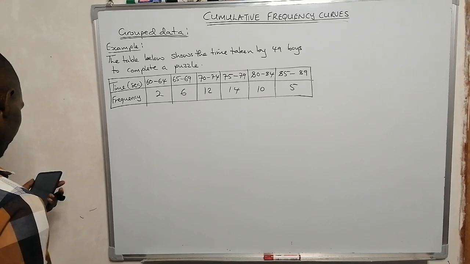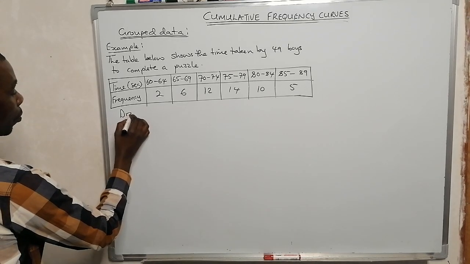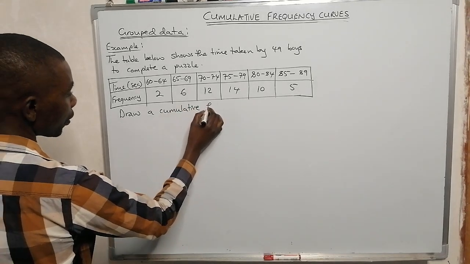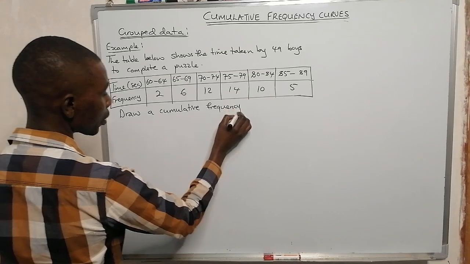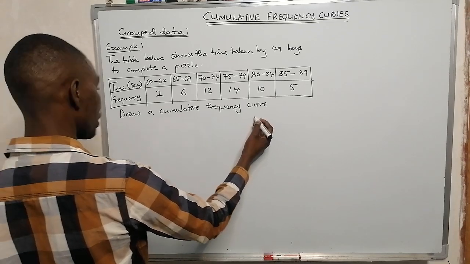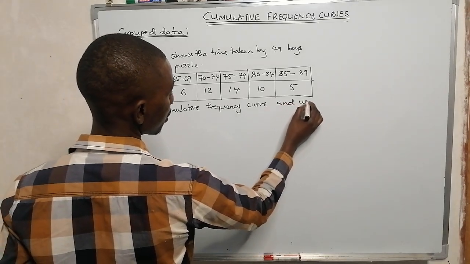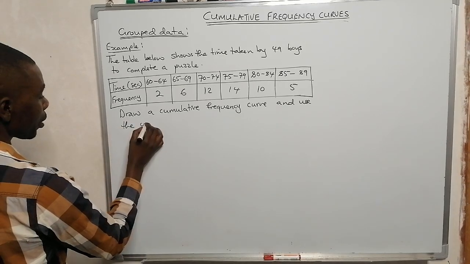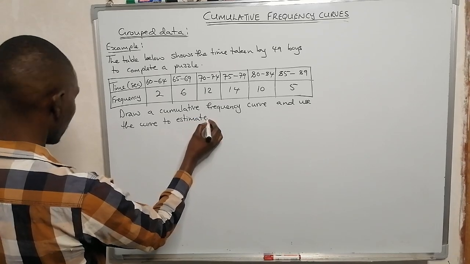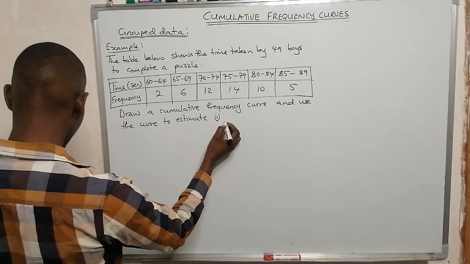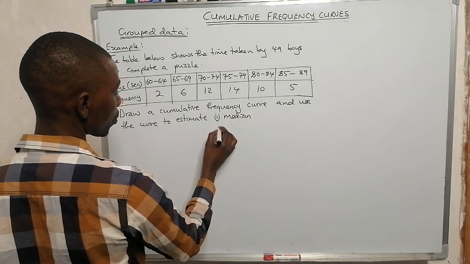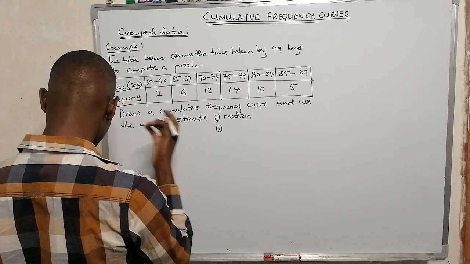Then draw a cumulative frequency curve, and use the curve to estimate, one, the median, and two, the interquartile range.